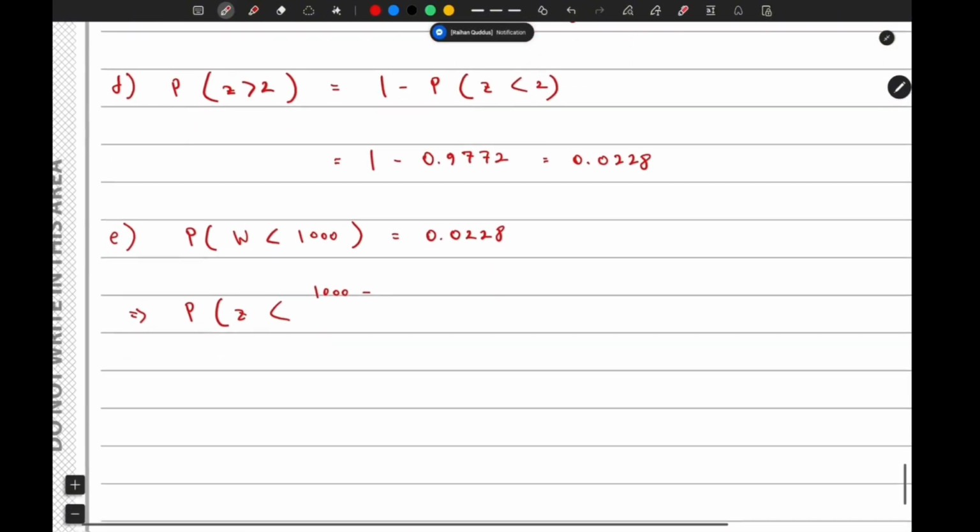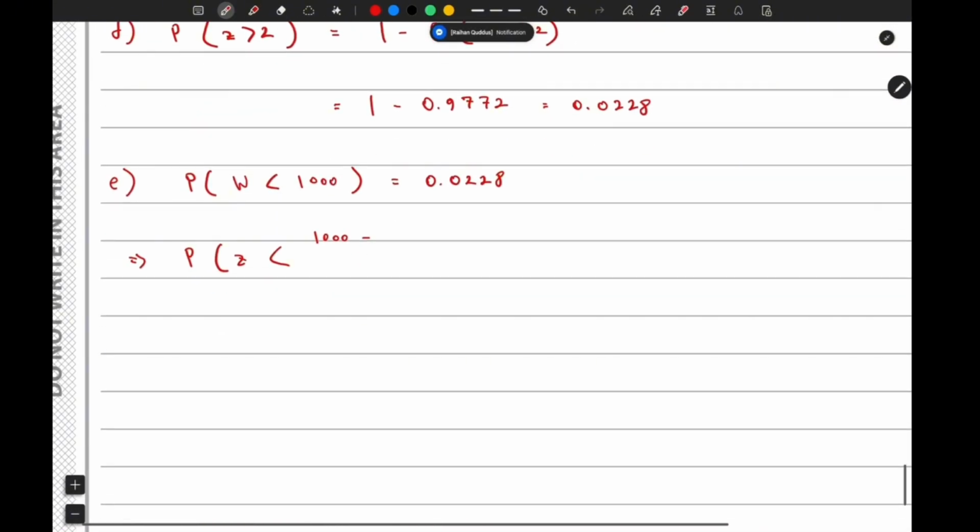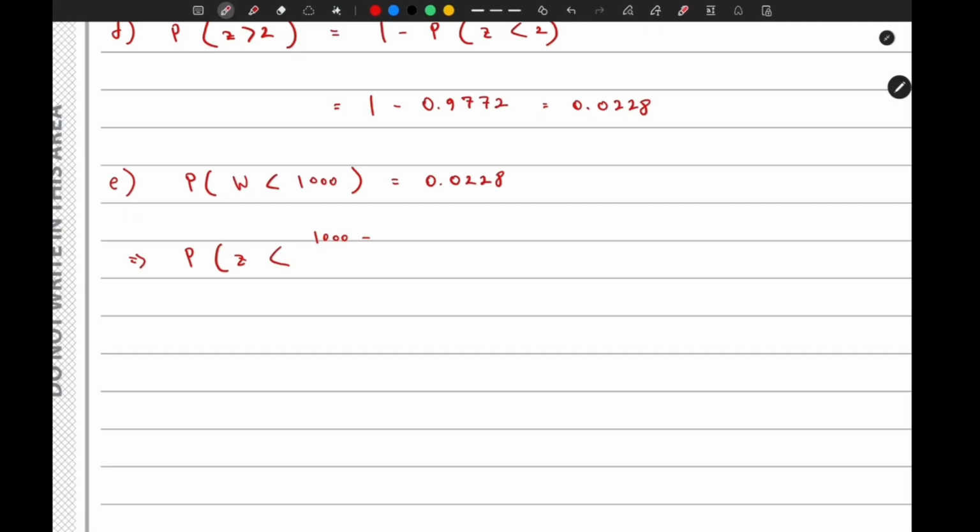So this can be less than or equal to, but for normal distribution we usually use the less than sign. So this will be the probability of Z is less than 1000 minus the mean value, which is 560, divided by the standard deviation, equals 0.0228.